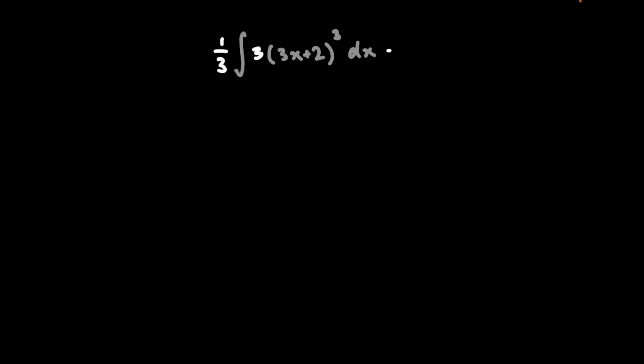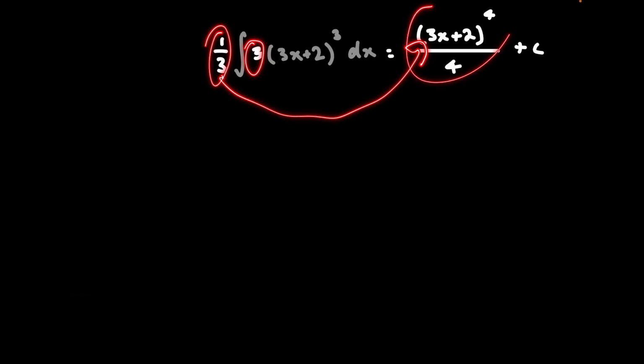And so now the integral of this will simply work out to be (3x + 2) to the power of 4, divided by 4. And always, + c. Notice how the 3 and the 1 on 3 didn't appear in my final integral here.